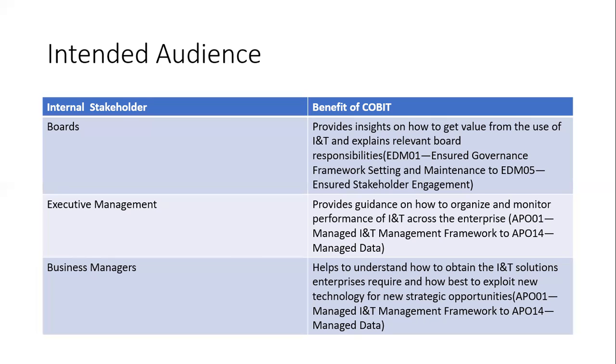The APO objectives, from APO01, manage the I&T management framework, to APO14, manage data, all those objectives in the Align, Plan and Organize domain can help the executive management in organizing and monitoring performance of I&T.